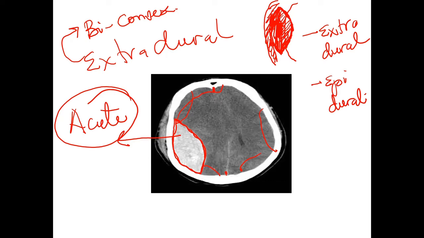So how is it treated? It is treated by craniotomy. The treatment of epidural hematoma is craniotomy. Craniotomy means you raise a flap of this bone here. You remove this flap of bone, suck out the clot, evacuate the clot, then you replace this bone.